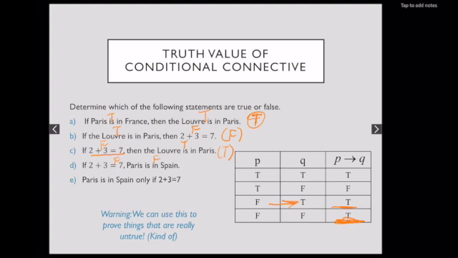Paris is in Spain only if 2 plus 3 equals 7. So this is false and false again. So this is still true. And you need to be careful, right? Because we can use this conditional connective to prove things that are really untrue.